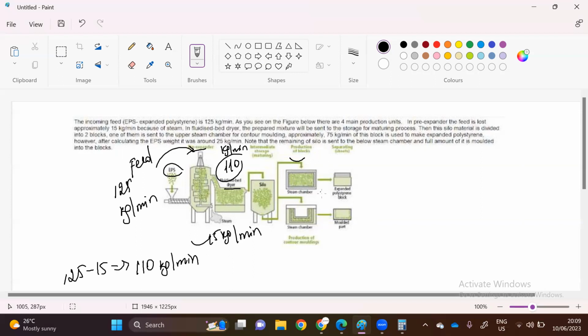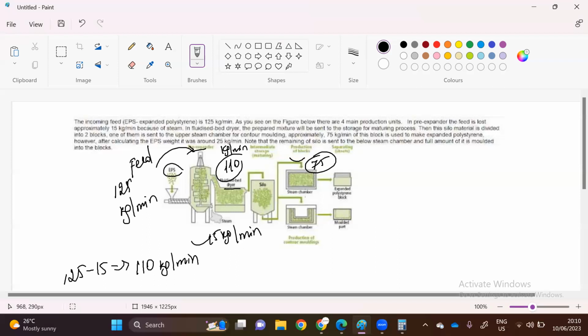One of them is sent to the upper steam chamber here. For contour molding, approximately 75 kilogram per minute of this block is used to make expanded polystyrene. As you see, 110 was incoming to the fluidized bed dryer, then the silo material. Here we say that 75 kilogram per minute of this block is used to make expanded polystyrene.